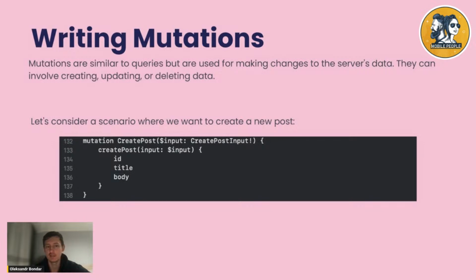You just create your mutation, put any parameters that you want, and generate it. In the end, you will have some create post mutation, with a generated object from the input and a generated object from the output.